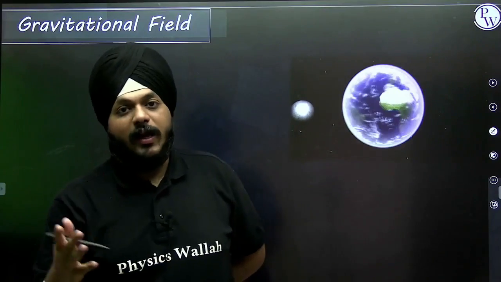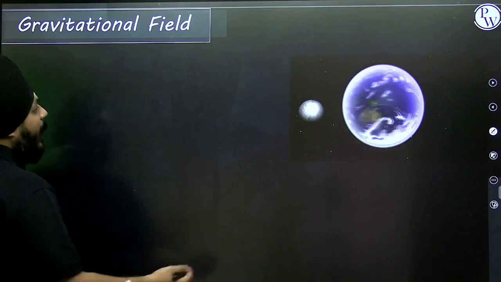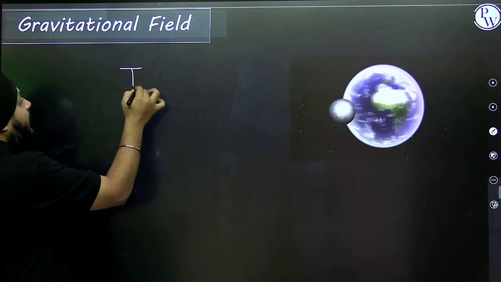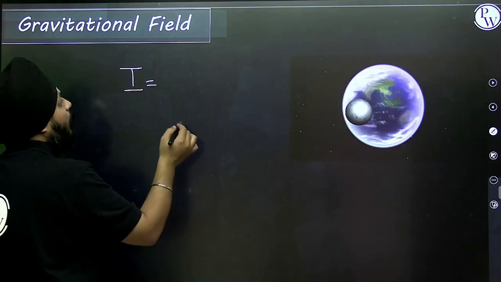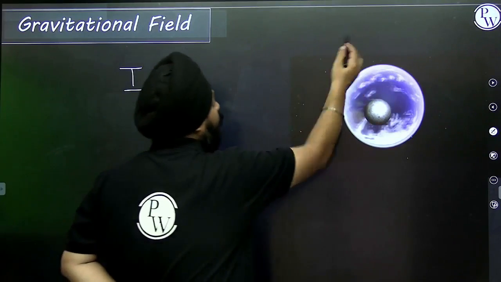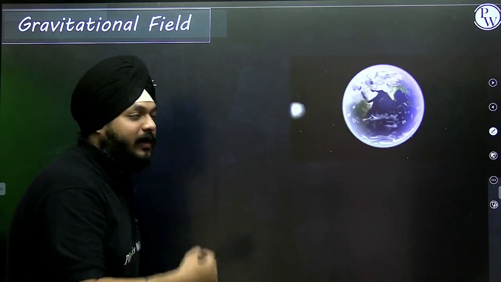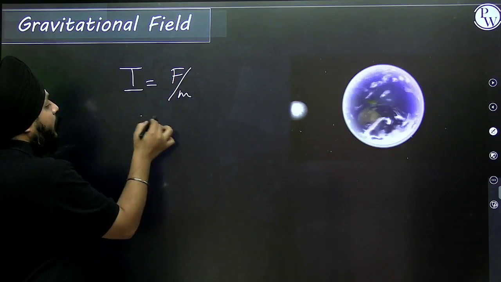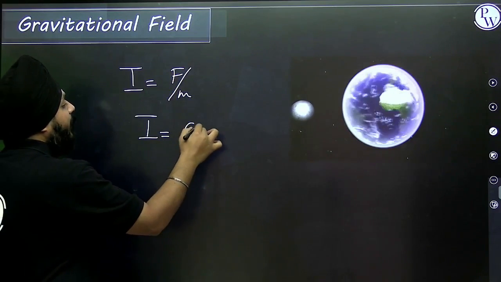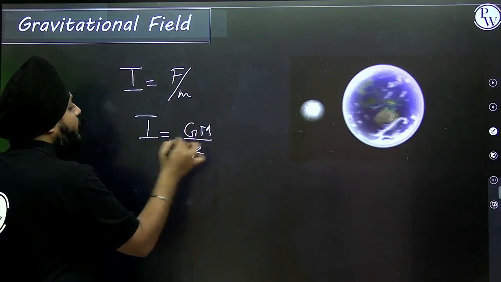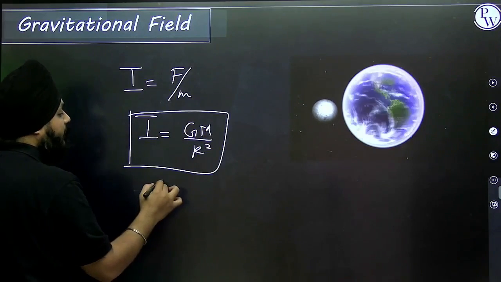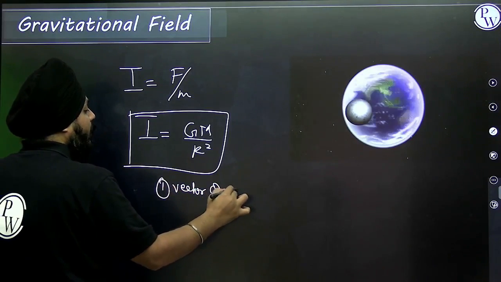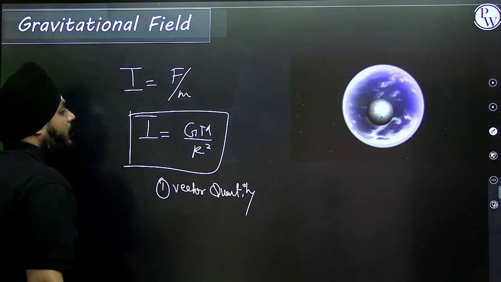Gravitational field, we all are aware of. The spatial area up to which the gravitational force of the earth acts. So that is force per unit mass, and it will be defined as GM whole divided by r square. This is the gravitational field. It is a vector quantity.